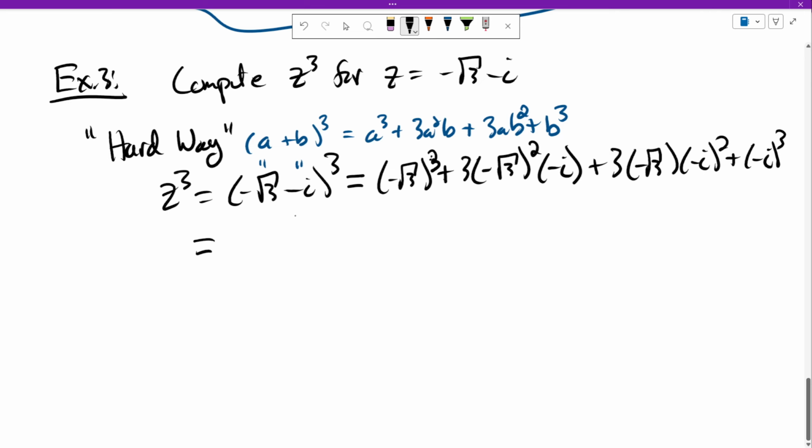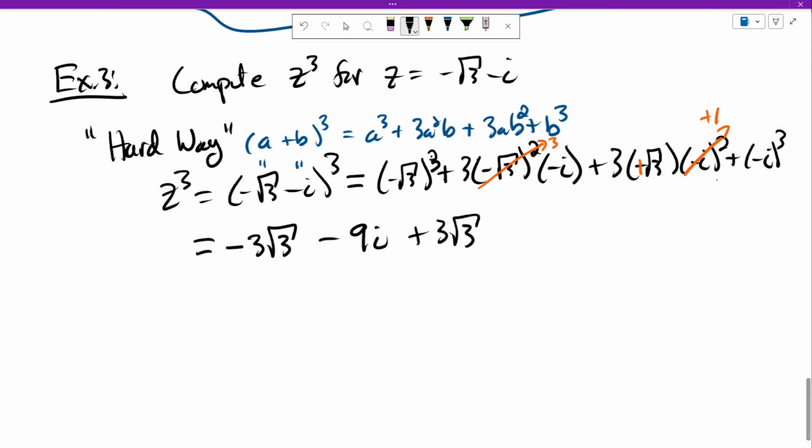All right, negative root 3 cubed is going to be negative 3 root 3. Negative root 3 squared is going to be 3. Negative i is going to be negative i. 3 times negative i is negative 9i. i squared is going to be negative 1. We have another negative on our negative root 3, so they'll become positive, and we'll get 3 root 3, provided I haven't made a mistake so far.